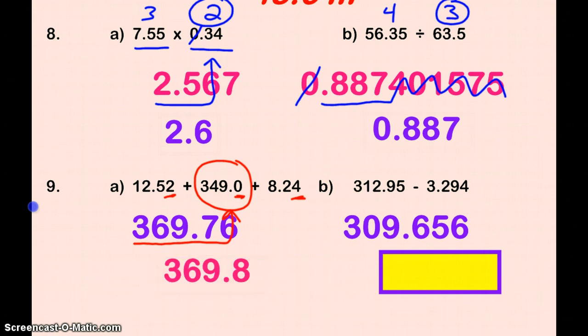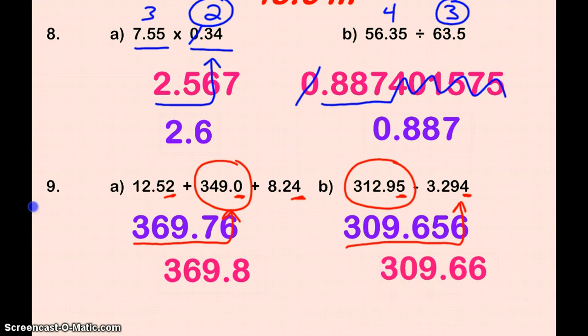Same thing with subtraction, error in the hundredth, error in the thousandths, so I want to match this measurement, 309.65, and the 6 tells me to round up. So I have 309.66. So now you want to take a look at the practice paper.